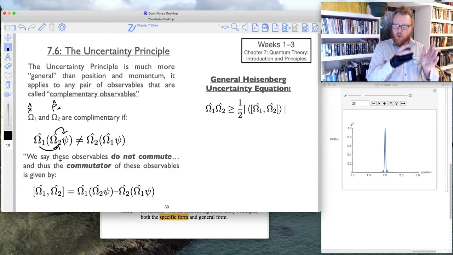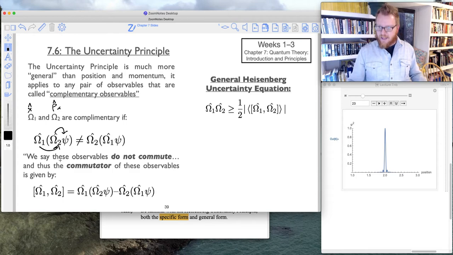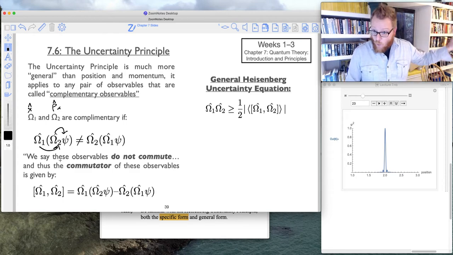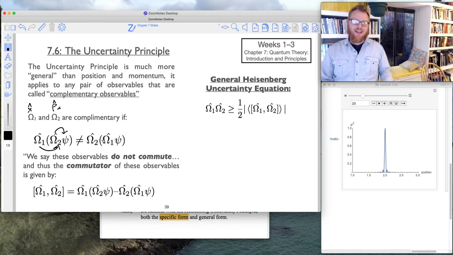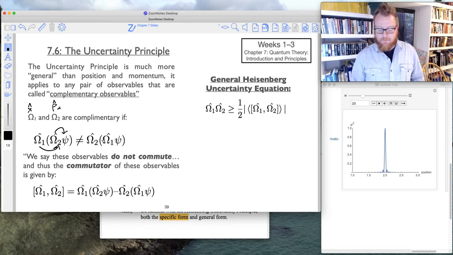First omega 2 operates on psi, we get an eigenvalue and the original wave function. Then omega 1 operates on that already carried out operation. Now if we reverse the order and the two are not equal to each other, then they are complementary, and we say that these two observables do not commute.